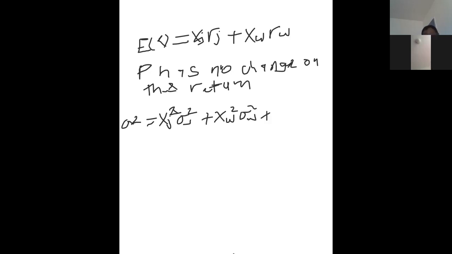Because we are talking about the correlation, I'm going to write this as X_J X_W multiplied by the covariance, which becomes correlation multiplied by the standard error of 1 and the standard error of 2.